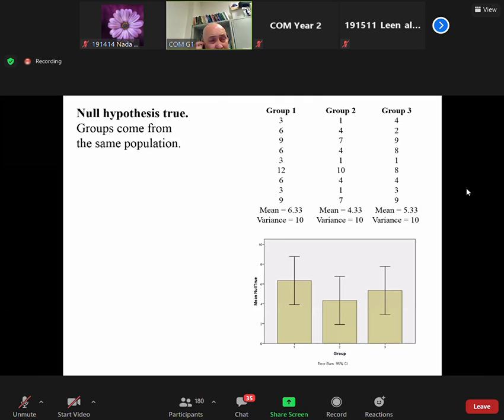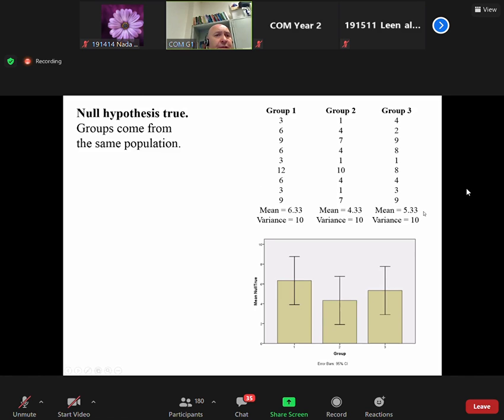So I'm just going to go through a scenario where the data has been made up conveniently. So where we've got this data, group 1, group 2, group 3, and the means here, you'll see 6.33, 4.33, 5.33. This is where the null hypothesis is true, okay?